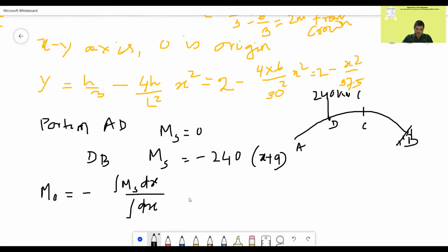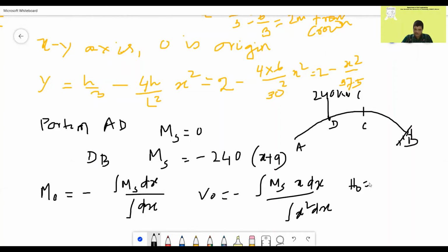EI cancels because of this equal value. H0 is equal to minus integral Ms x dx by integral x square dx. And the third thing, V0 is equal to minus integral Ms y dx by integral y square dx.